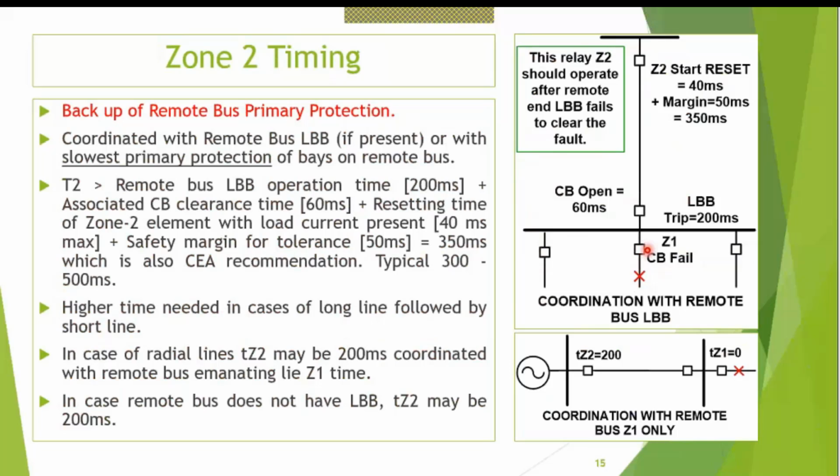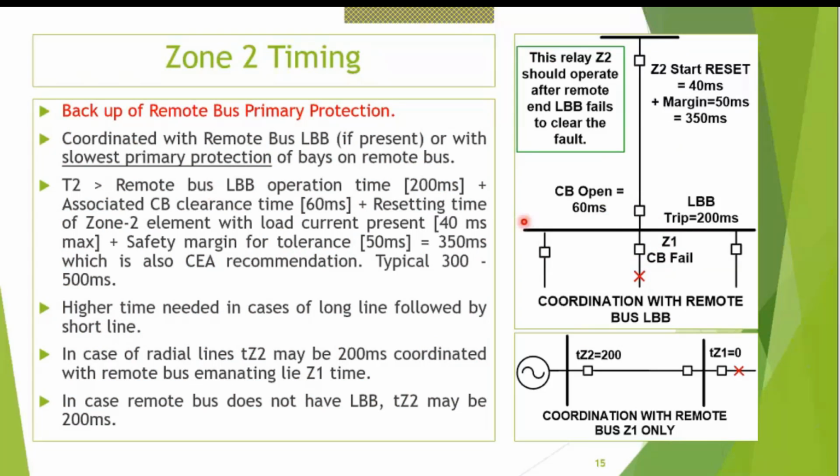So if zone 1 of the remote bus fails to operate, then we have LBB. If this bus has LBB or breaker failure protection, then we'll have LBB operating over here. So we have to coordinate the zone 2 time with LBB of this bus.